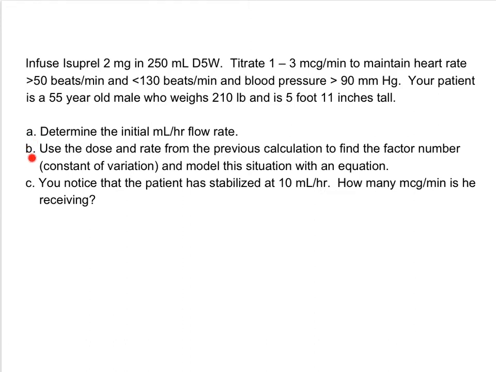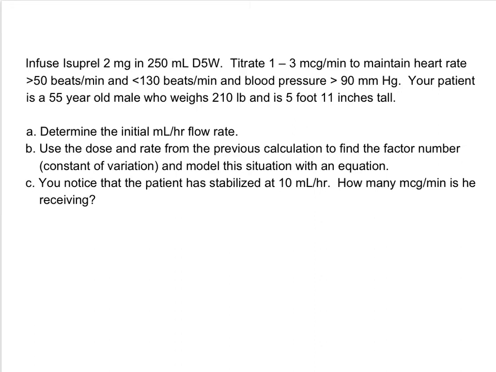Then we're going to use that dose and rate to calculate the factor number, also called the constant of variation. And we're going to model this situation with an equation. And then once we have that equation, we can use it to address additional questions, specifically one related to, once the patient stabilizes, what is the dose that the patient is receiving?